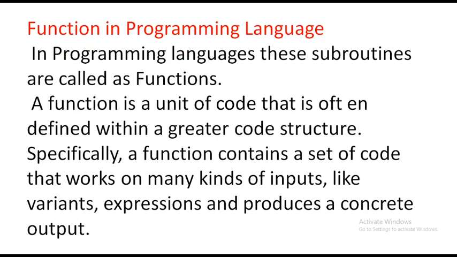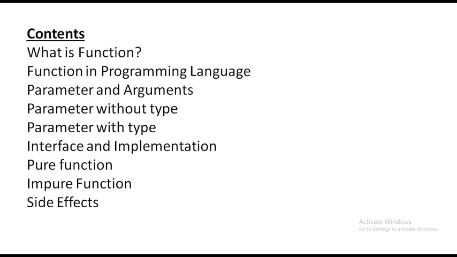Next one, we are going to see parameter and arguments. What is parameter? What is argument? Parameters are the variables inside a function definition. If you are going to create a function with parameters within the braces, if you are giving int a comma int b, that is what is called parameter.